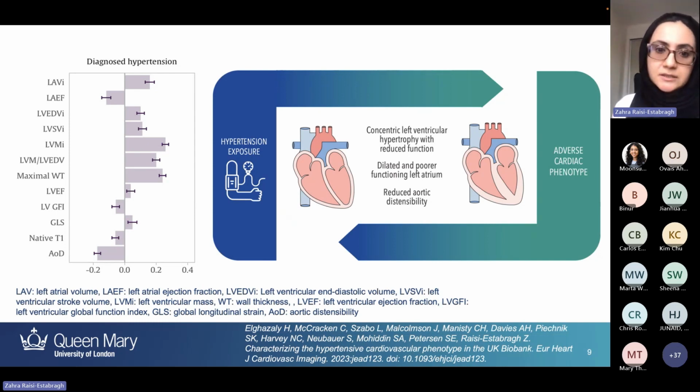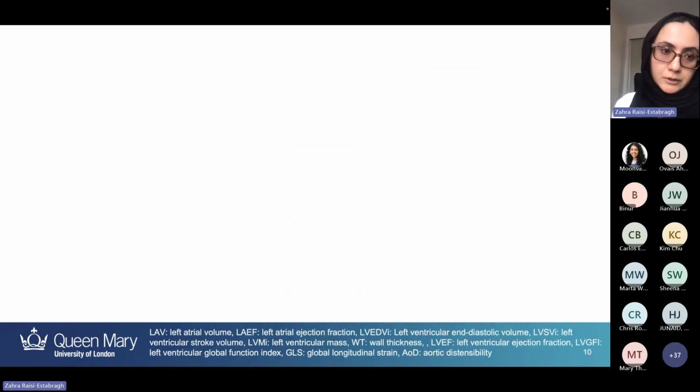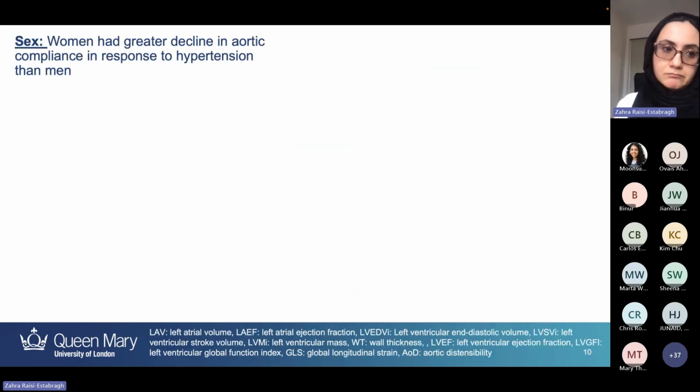The next thing we were interested in was whether the associations of hypertension with cardiovascular changes varied across different subpopulations of our sample. And so we looked at differences by sex. What we found was that the relationships between hypertension and cardiac remodeling were roughly similar in men and women.